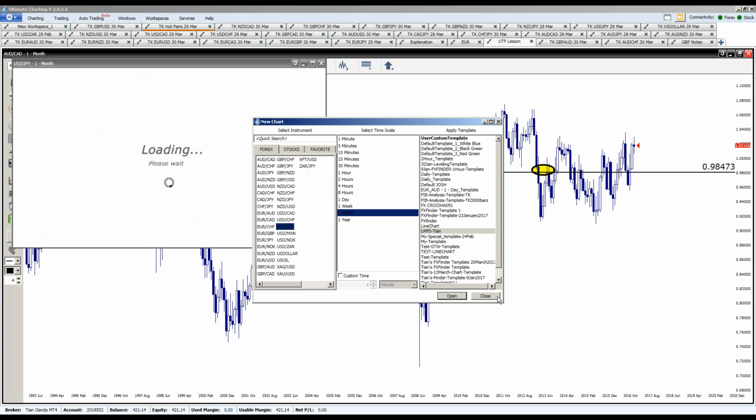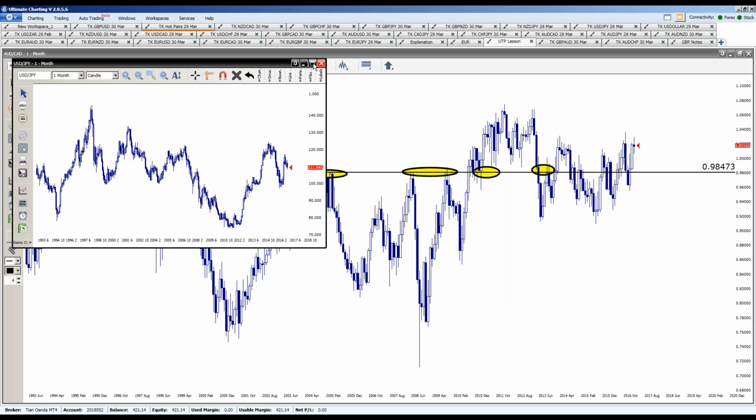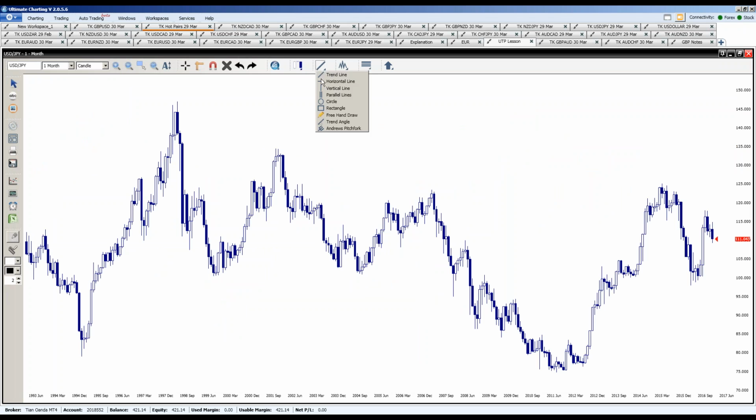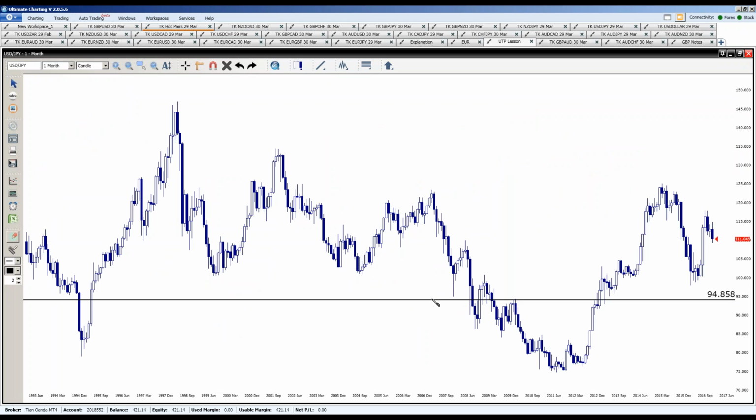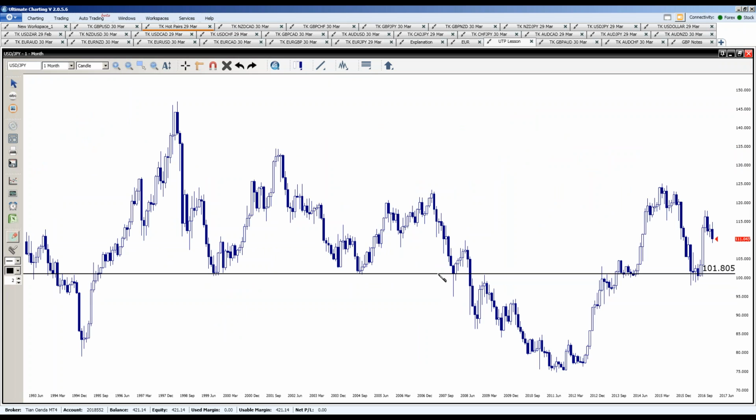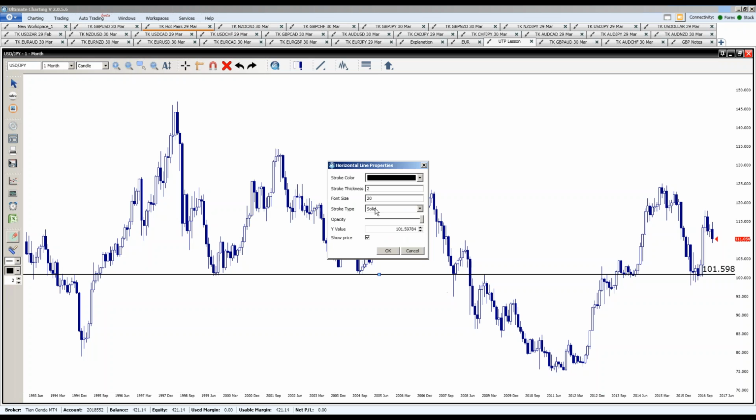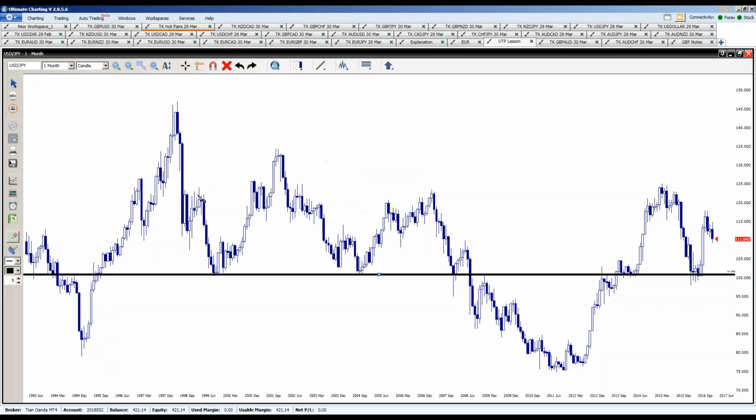Look at this picture. Here we go. Can you see the pivot?